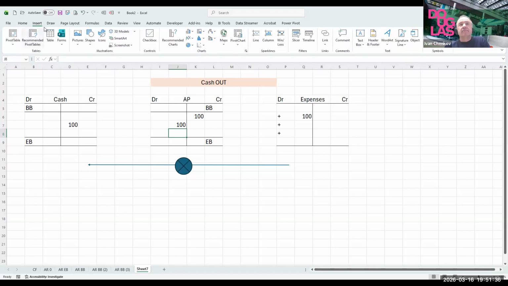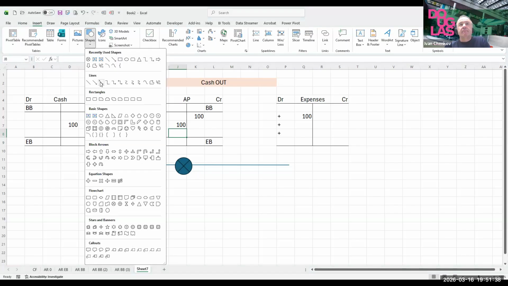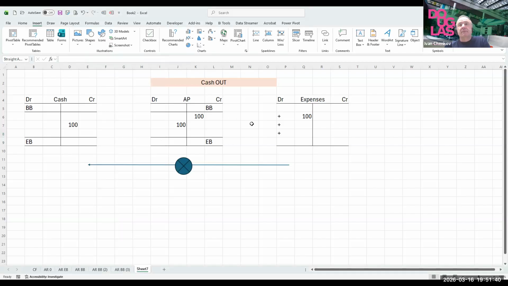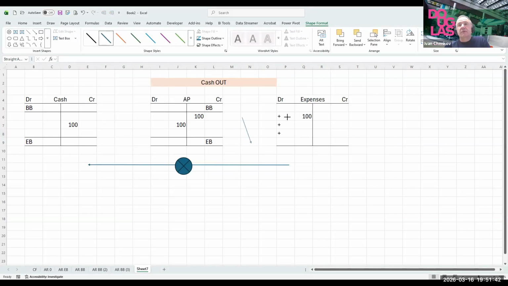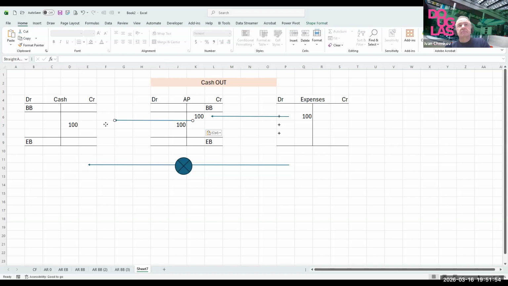Make sense? Let's put the arrows here. First, we get the expense, we're not paying it. Later on, we say, okay, let's pay these people, and we pay the $100. And now our job is done. We cleared the accounts payable.